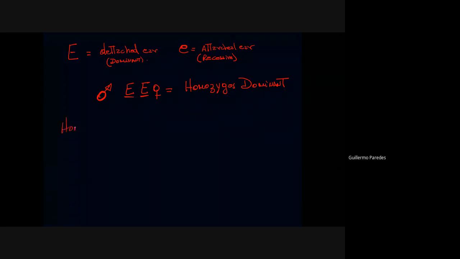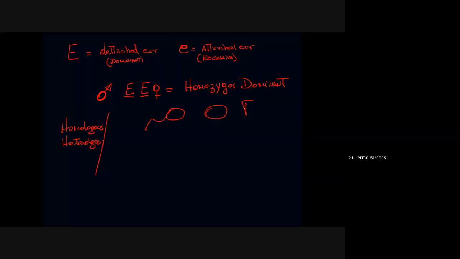Please don't get confused with homologous and heterologous. Heterologous is the comparison between chromosomes. We are not talking about that. Homozygous is the genetic characteristic that comes during fertilization. Zygous means egg.